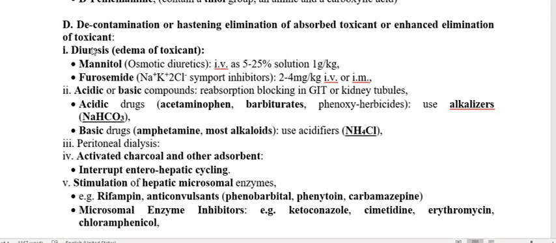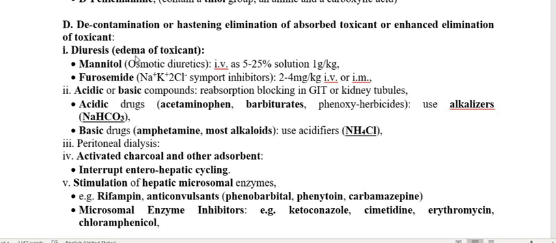So when the rate of diuresis is fast, the rate of excretion of the toxicant is also fast. So we are simply increasing the passing out of urine by giving diuretics.